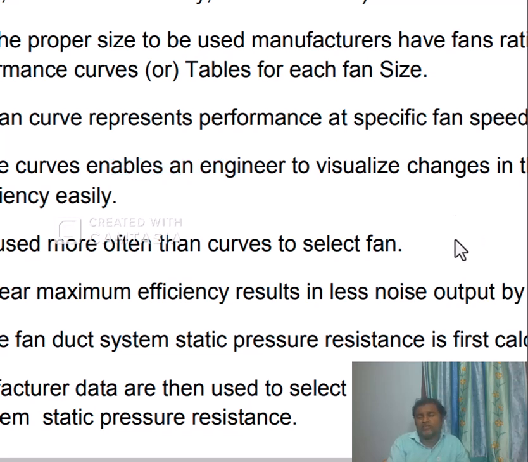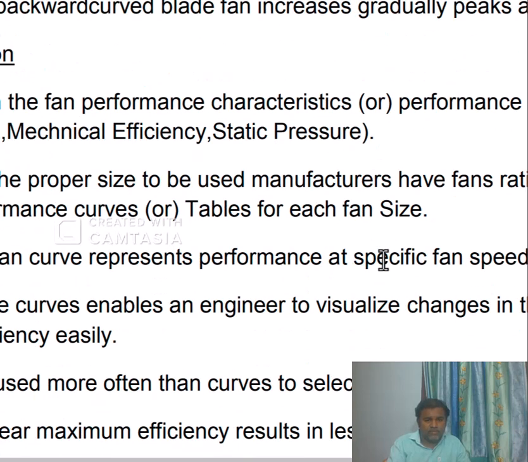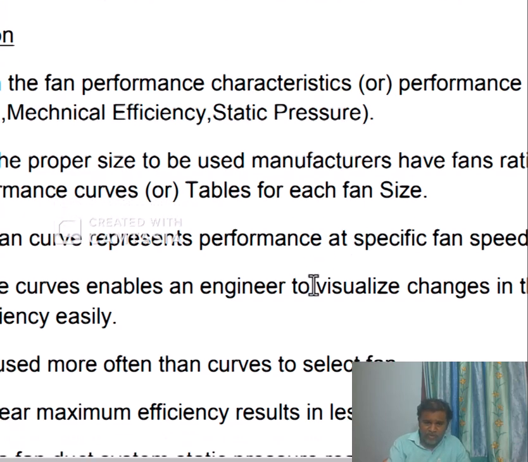So studying the fan curves is also very important. Each curve represents the performance at a specific fan speed and air density. So depending upon the fan performance characteristics, the BHP, mechanical efficiency and static pressures can be found out.